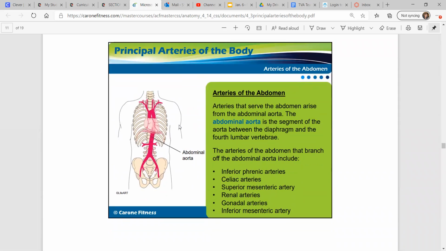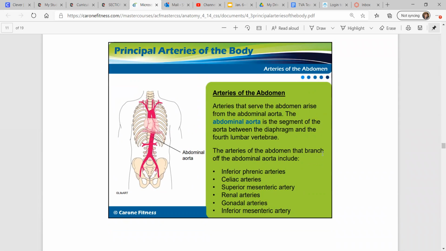Arteries of the abdomen. Arteries that serve the abdomen arise from the abdominal aorta, and that's right there. And that is the segment of the aorta between the diaphragm and the fourth lumbar vertebrae. So, right about there.